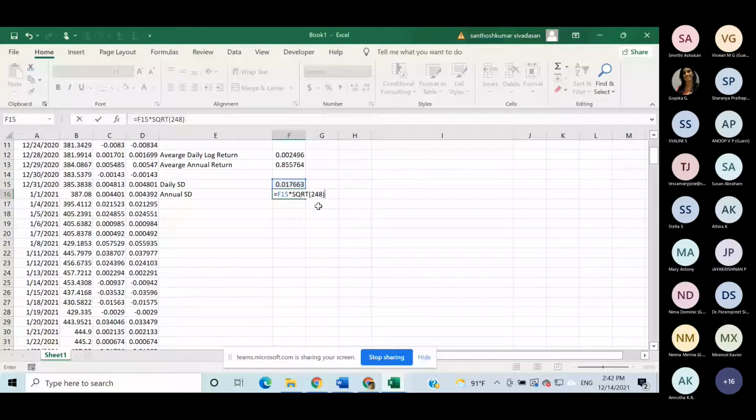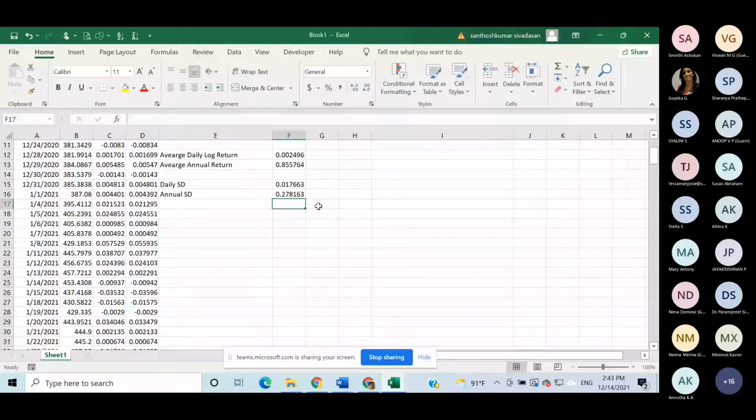Here this is daily standard deviation. To annualize it, daily standard deviation into square root of how many days of data there are, which is 248. So you will get annual standard deviation 27% or 0.27.